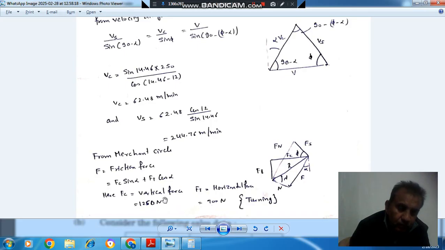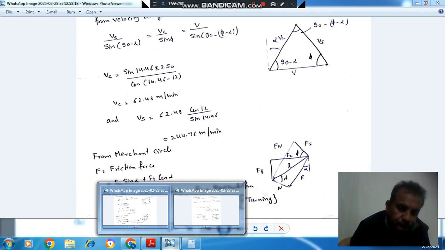As vertical force in turning is your cutting force, it will be your Fc. Here it is shown horizontally, but actually it is vertical in case of turning, and Ft is your thrust force, or that horizontal force is your thrust force, that is 700 Newton.